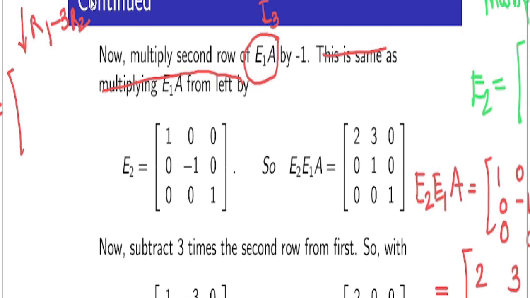All these steps depend on the given matrix A. E3 is equal to 1 minus 0, because R1 minus 3 R2: 1 minus 0 is 0, 0 minus 3 is minus 3, 0 minus 0 is 0. So matrix E3 is equal to 1 minus 3 0, 0 1 0, 0 0 1.